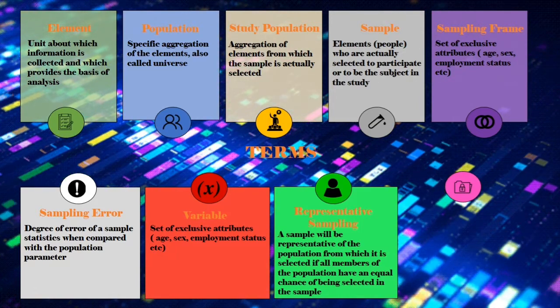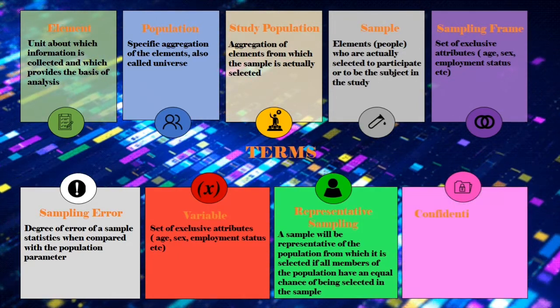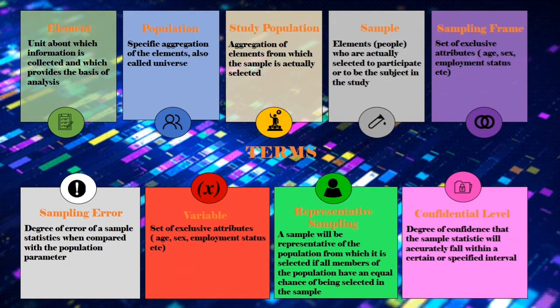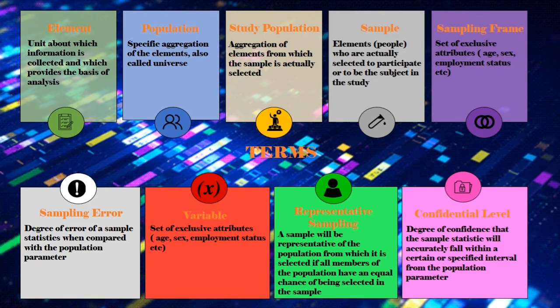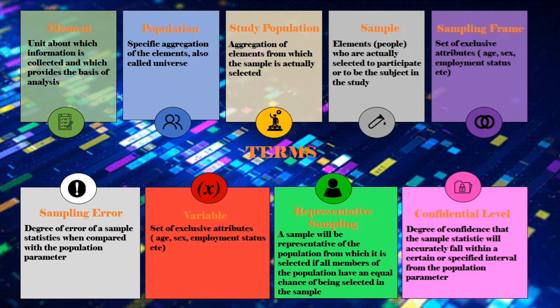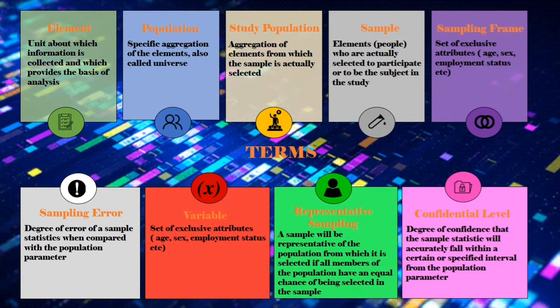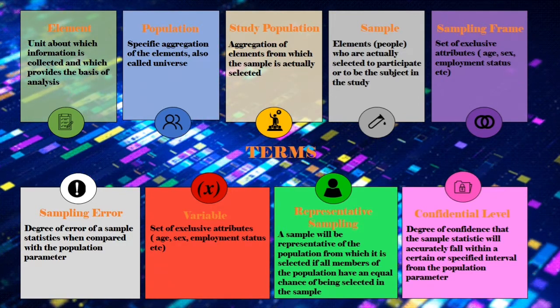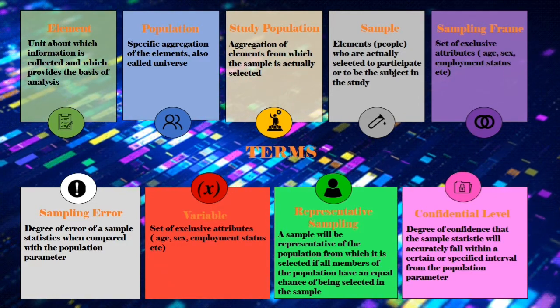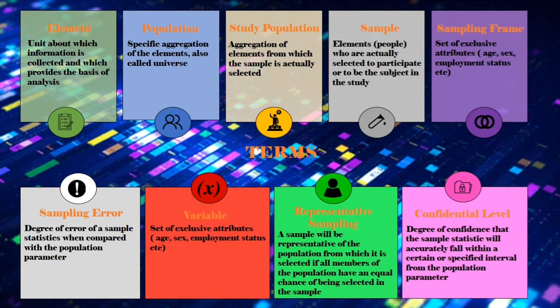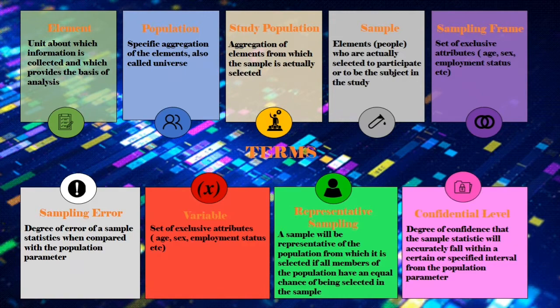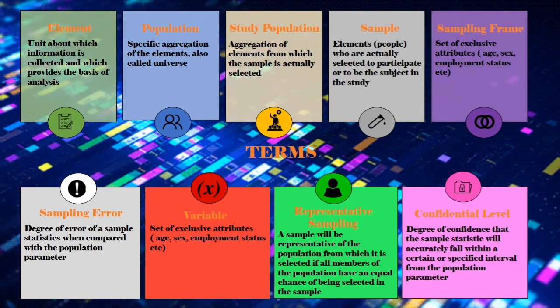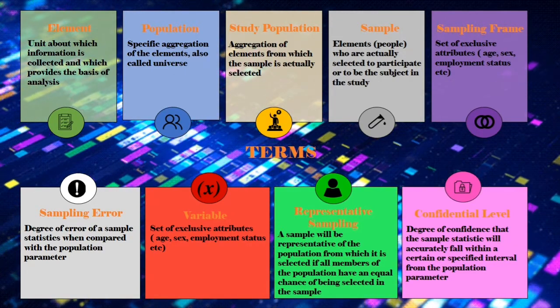And another is the confidence level. This is the degree of confidence that the sample statistic will accurately fall within a certain or specified interval from the population parameter, or the percentage of all possible samples that can be expected to include the true population parameter.